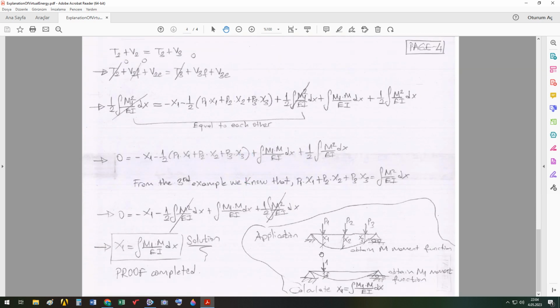And then briefly, without this explanation, he wrote, presented in the structural mechanics and analysis books, use 1 unit load, obtain moment functions, and calculate the displacement.